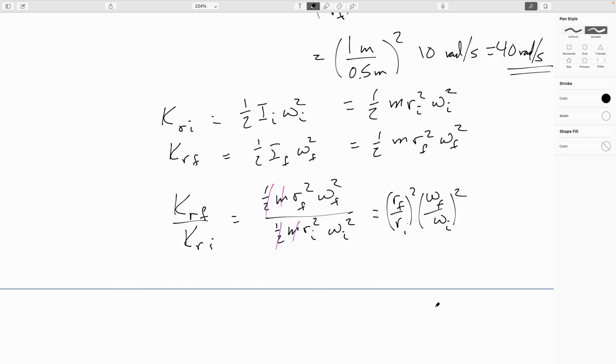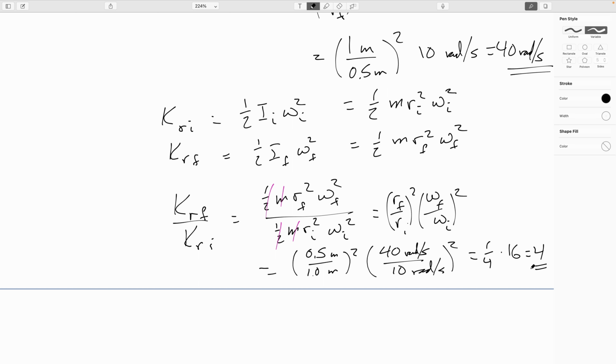We saw that r final was 1/2 meter, r initial is 1 meter, squared. Our omega final was 40 radians per second over an omega initial of 10 radians per second, squared. All the units cancel out here. This is 1/2 squared, which is 1/4, but this is 4 squared, which is 16. So our rotational kinetic energy increased by a factor of 4.